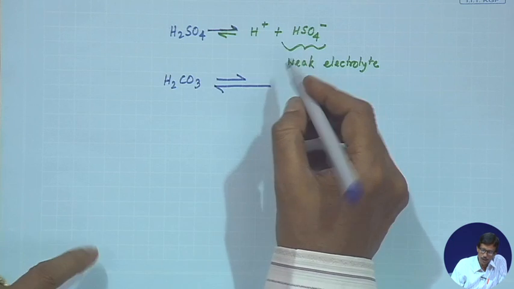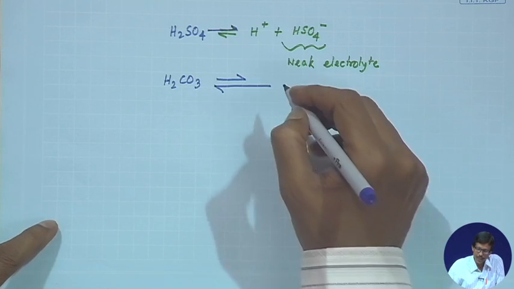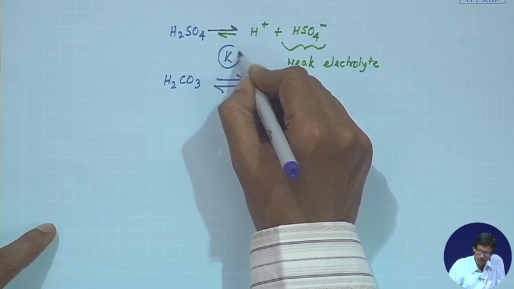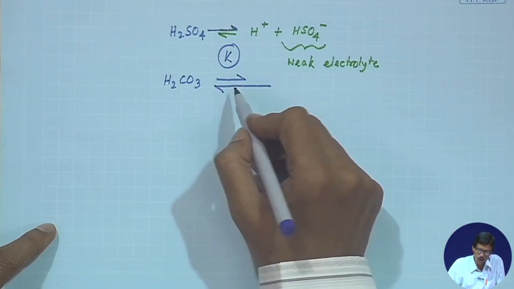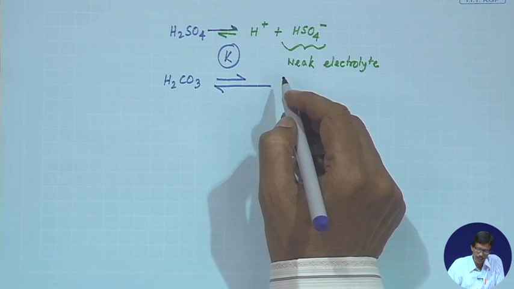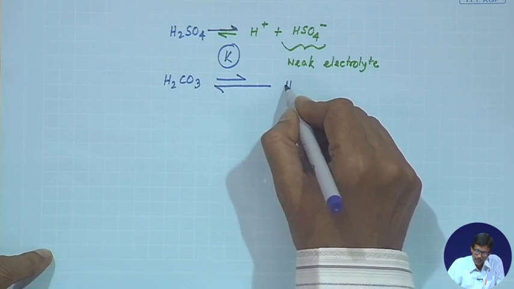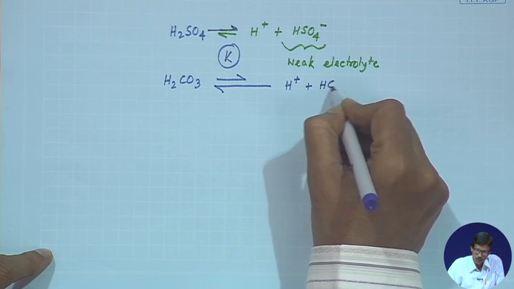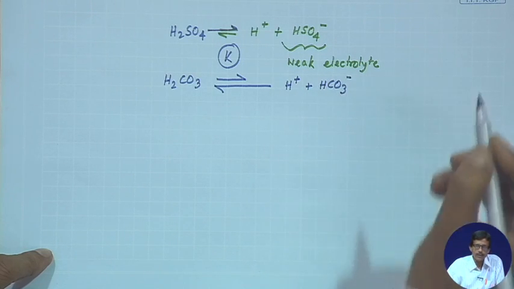So we have the corresponding rates of the reactions, which ultimately control the K value, the equilibrium constant, which is the ratio of these two rates, the rate of forward reaction and the rate of backward reaction. So, when this is giving us H plus and HCO3 minus.